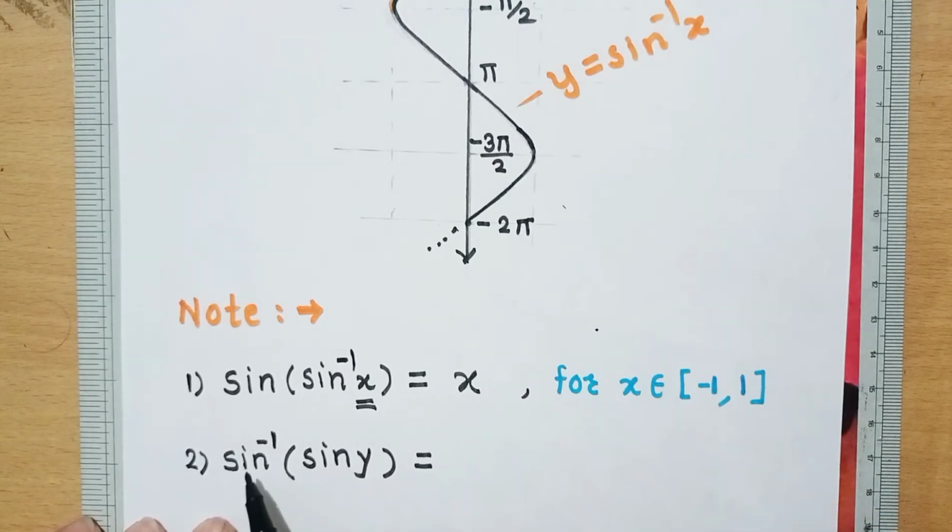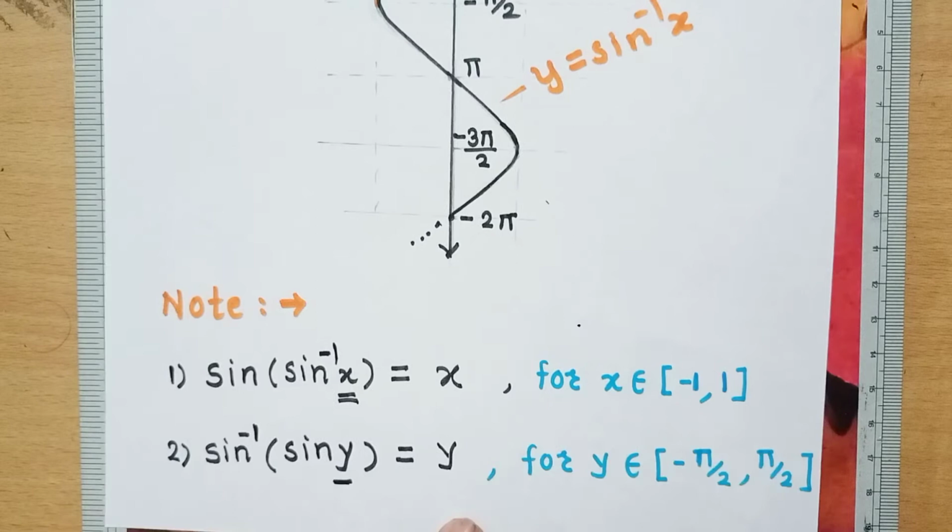And sine inverse of sine of y, where this y is an angle, here you have to write simply the angle. This angle lies between minus pi by 2 to plus pi by 2. So this is the closed interval.